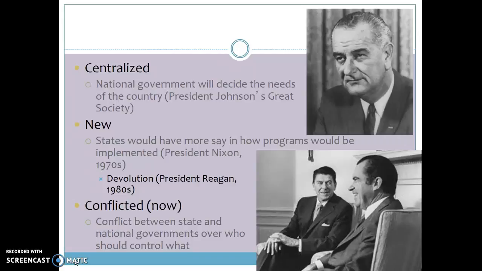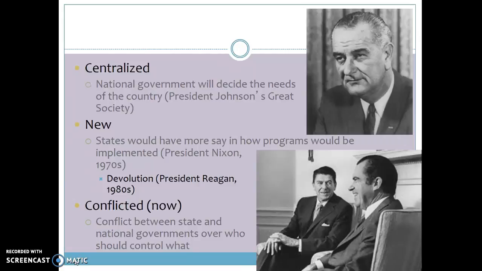Even though some political scientists would argue that new federalism is still happening, and conflicted is a negative way to look at it, because it really emphasizes that while states have more say, they're coming into more conflict with the national government.